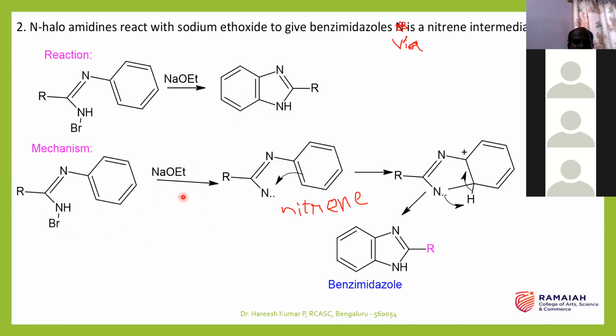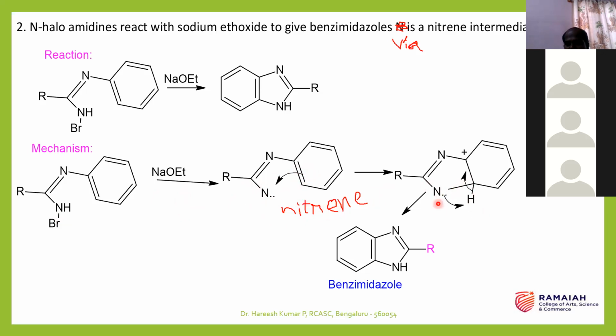NaBr is one of the leaving groups, and ethanol will be the other leaving group, forming a nitrene. Nitrene means there will be 2 electrons in addition to the lone pair. Since it is electron deficient, this bond pair will attack here. So there will be a new bond formation between this nitrogen and this carbon.